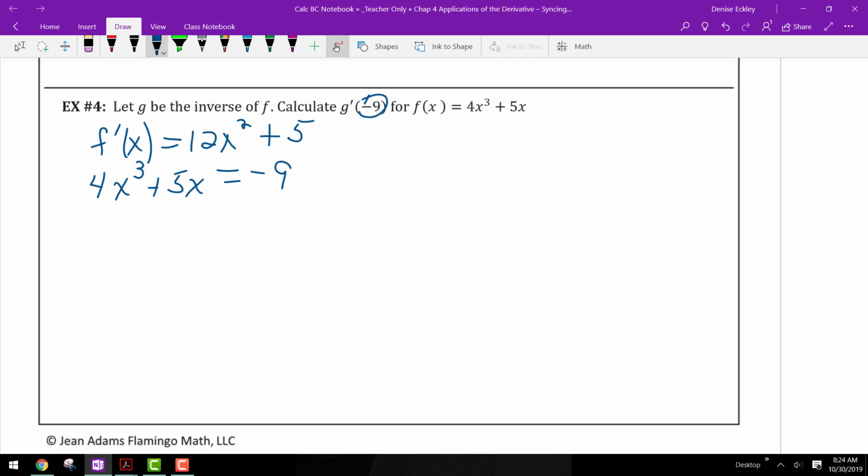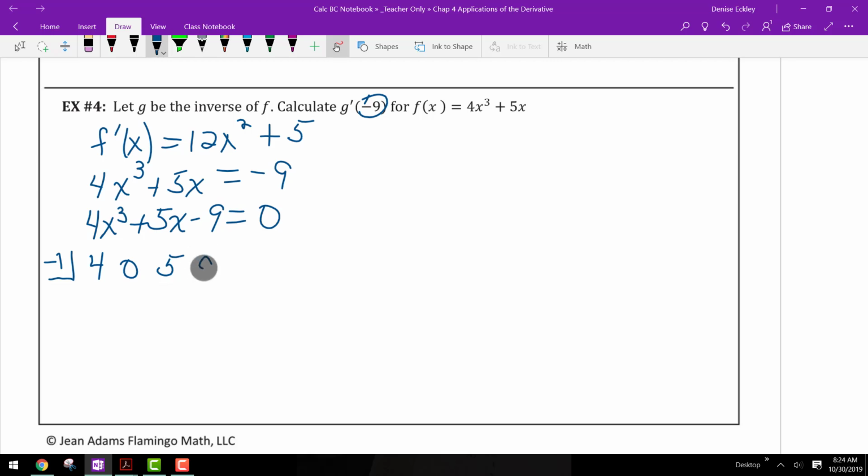So I'm going to solve this for x to find the x that goes with that y value of -9 for f. This can't be factored, so I went ahead and used the factor theorem from last year to find a point, and -1 works. So I can factor out a factor of x plus 1.